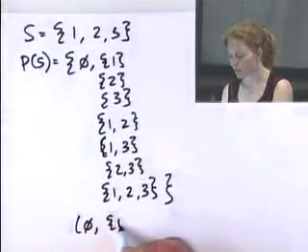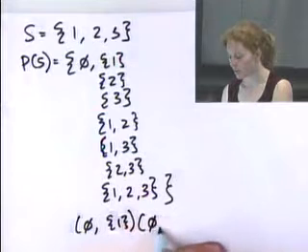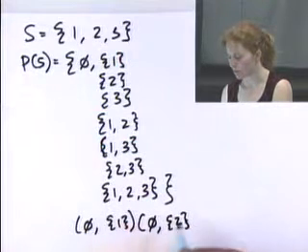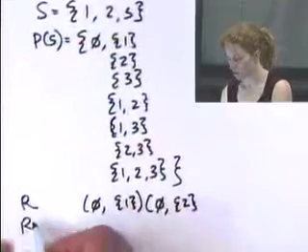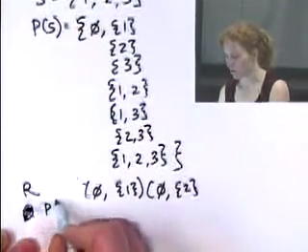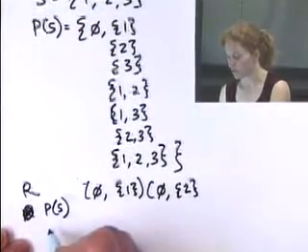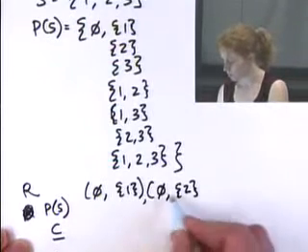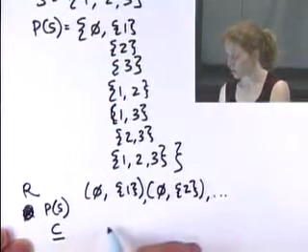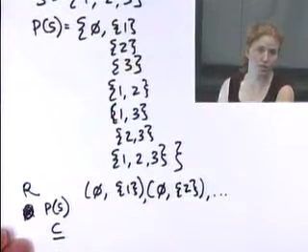The empty set, the set containing 1, the empty set, the set containing 2. So this is the relation on the power set of S with the subset relationship. We could write all those pairs out, which is a lot of them, right?